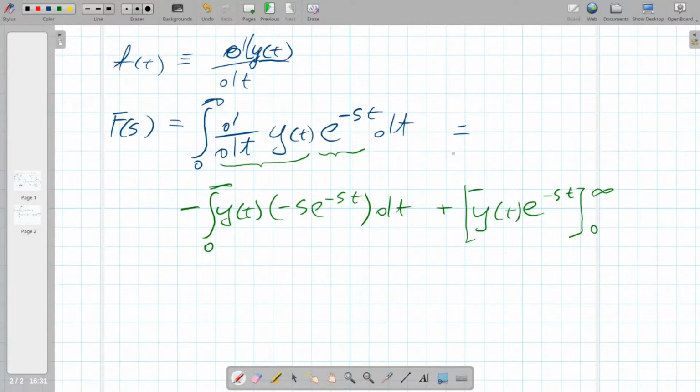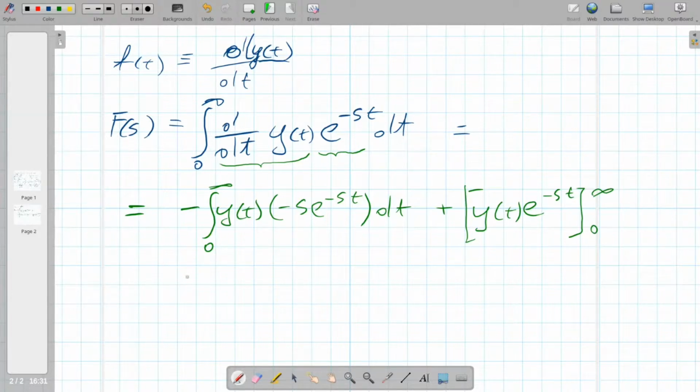But to have this equality, I also need to add this term, and the limits are applied to this term, the same limits as in the integration.